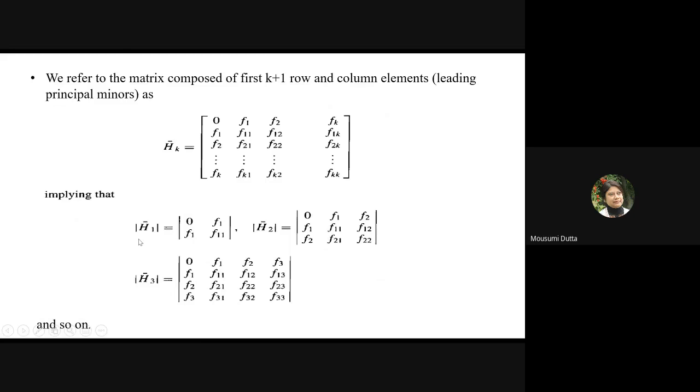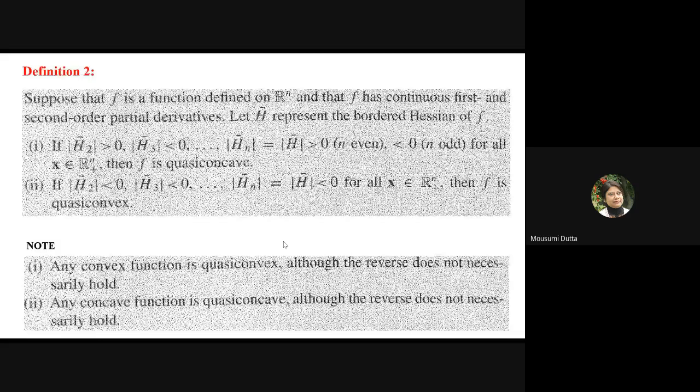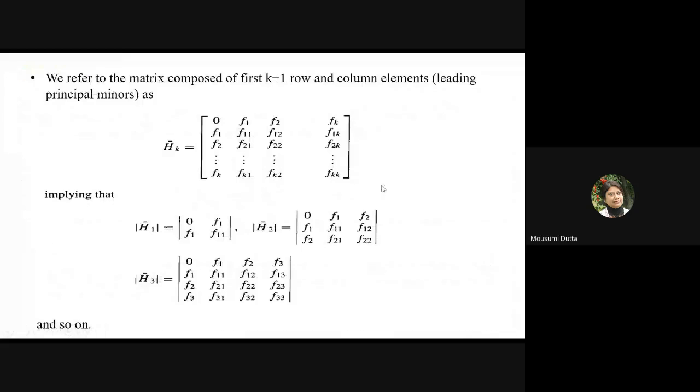Here I have considered the dimensions. If I use the notation 1 for these, remember, it is 2 by 2. Some books, like Hoy, present it this way because Hoy considers these as the order of the determinant, so they start with 2, while Chiang and some other books use the notation 1.